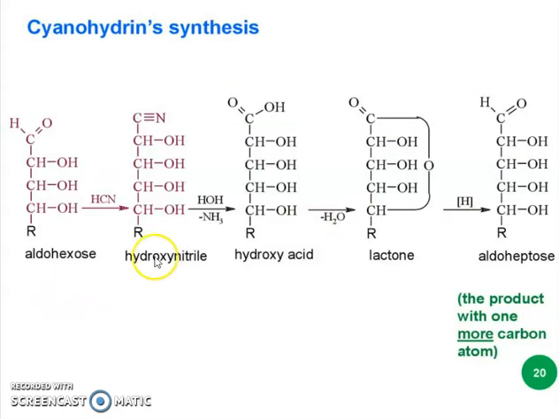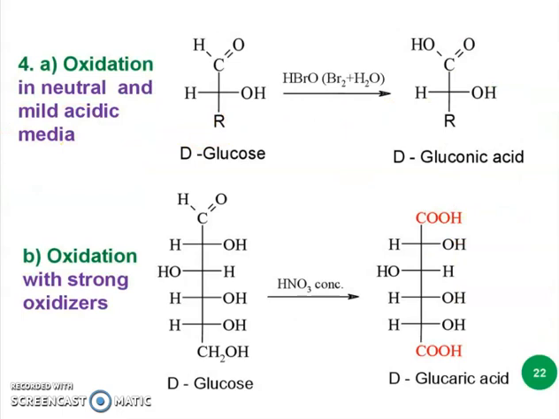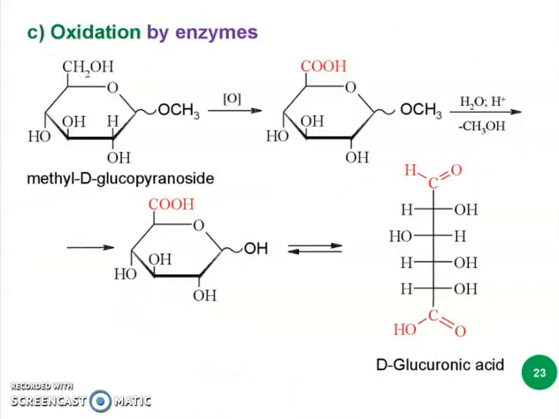Cyanohydrin synthesis, you can see CN and then hydroxy acid and then lactone, cyclic. And you can see reduction, the diabetic sweetener sorbitol, this is sorbitol. Now oxidations, you can see D-glucose, D-gluconic acid, oxidation by enzymes.